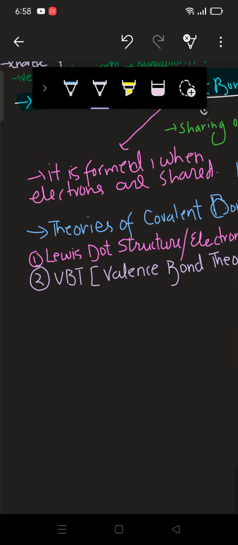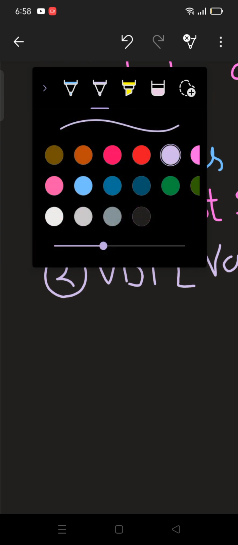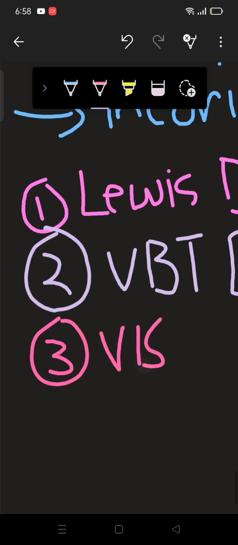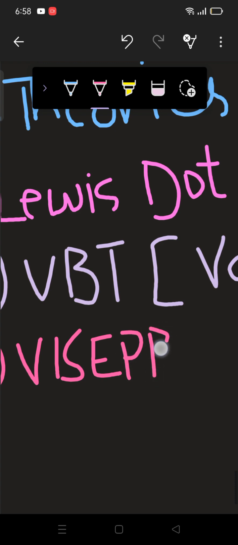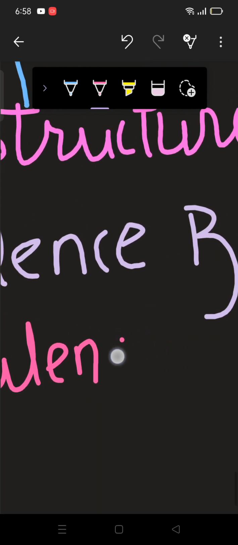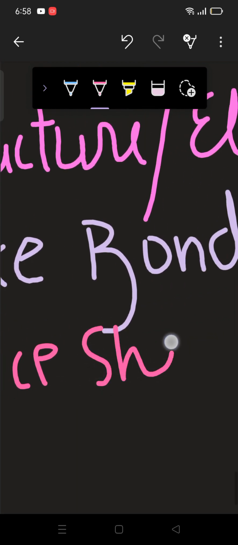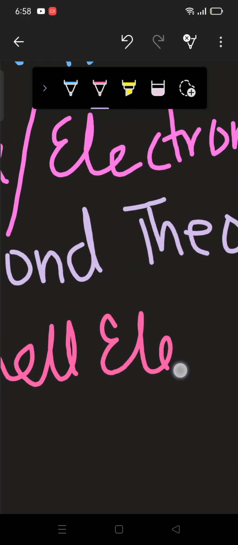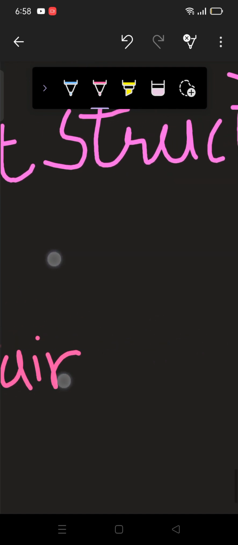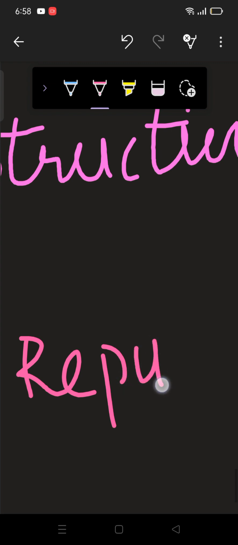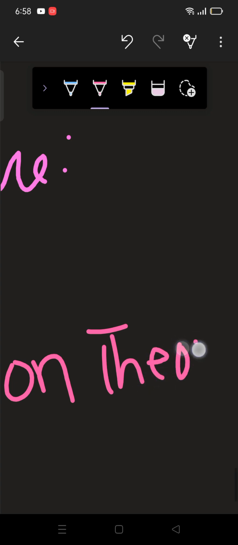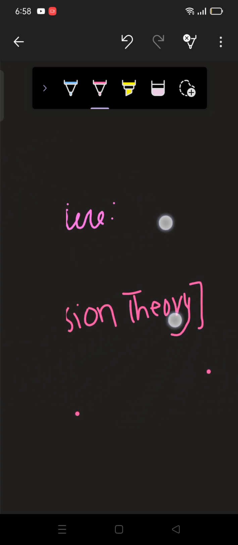The third theory we have is VSEPR. The full form of VSEPR is valence shell electron pair repulsion theory.